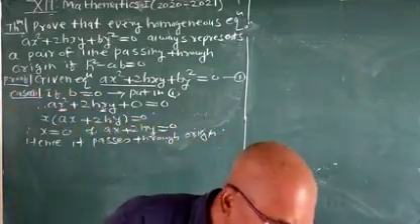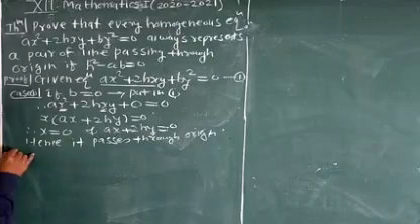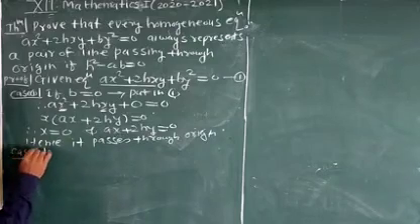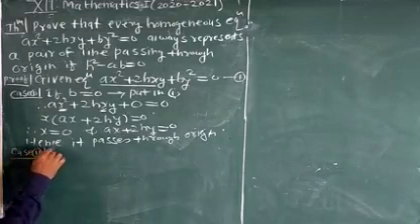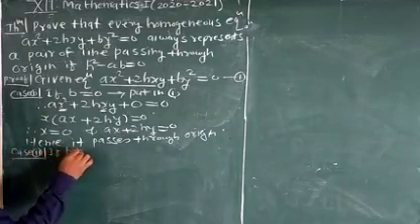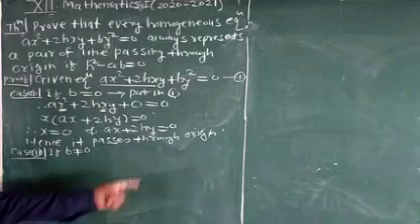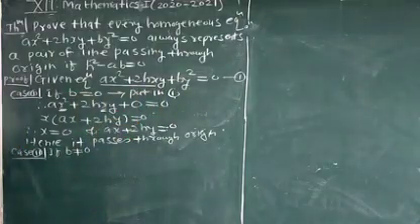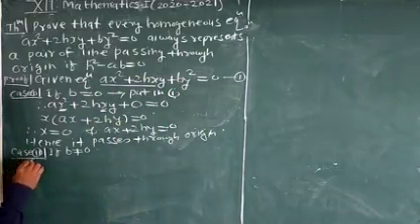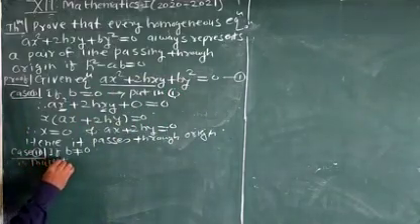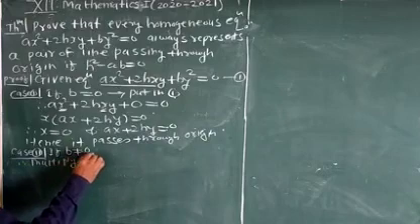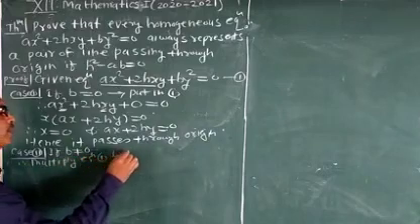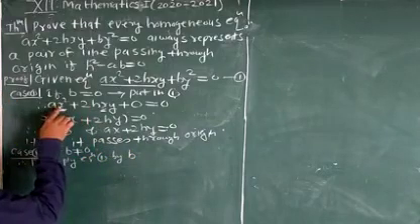Okay. Now consider the second case, case number 2: if b is not equal to 0. So multiply equation 1 by b.